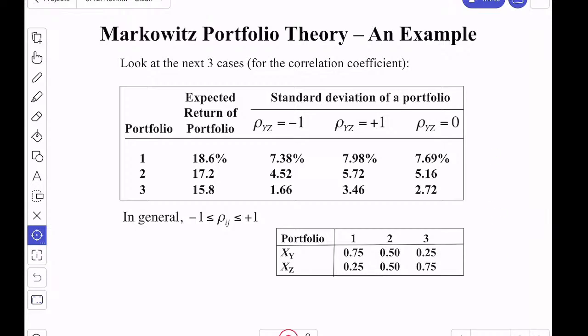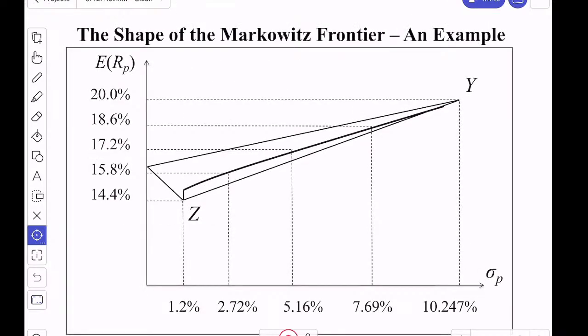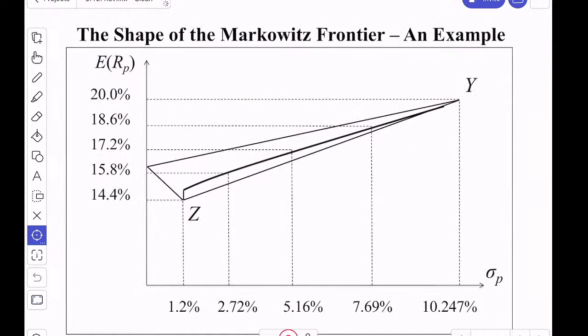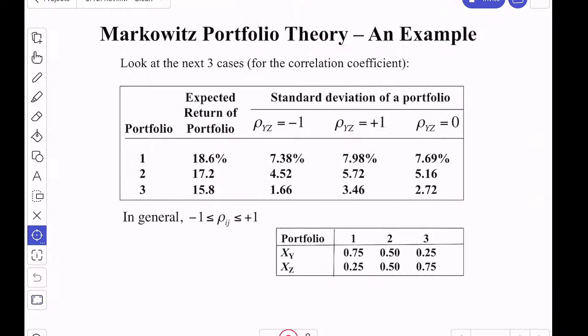What we do is combine assets. And it looks like there's a pattern depending on the correlation. And I use the extremes, perfectly negatively correlated, perfectly positively correlated, and no correlation. And these are the possible combinations depending on what fraction of investment you want to make in either asset.